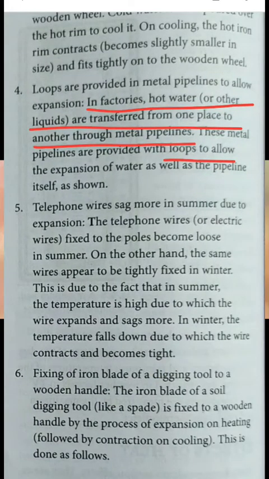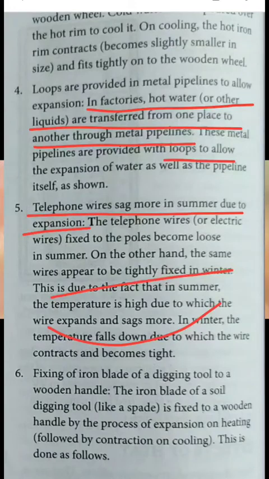The fifth point, you can see telephone wires sag in summer due to thermal expansion. Not only telephone wire, any type of wire, or the string which we use for drying clothes in our house, we can see that during summer it slackens. The wire becomes like this, it slacks, and in winter again it becomes straight.